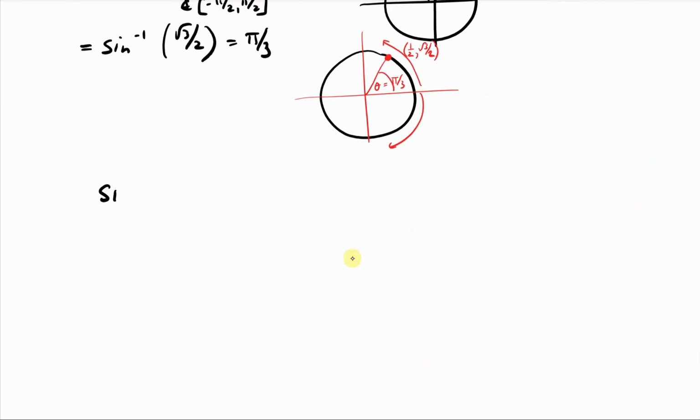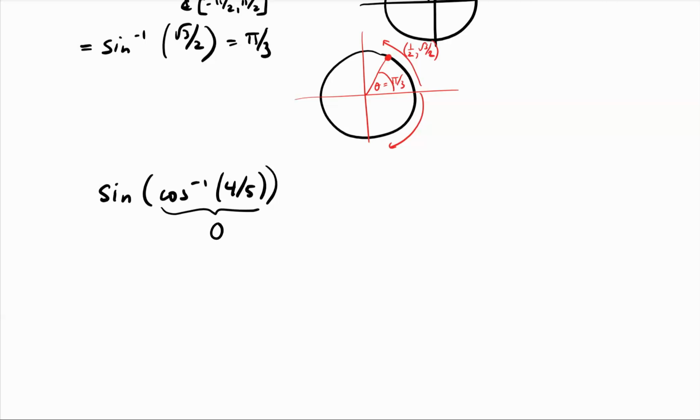Let's do another one. Sine of cos inverse of 4/5. Let's try to get the exact answer. Those are all problems we could do with our calculator, but I want to do them exactly here. So let's first look at what this is.